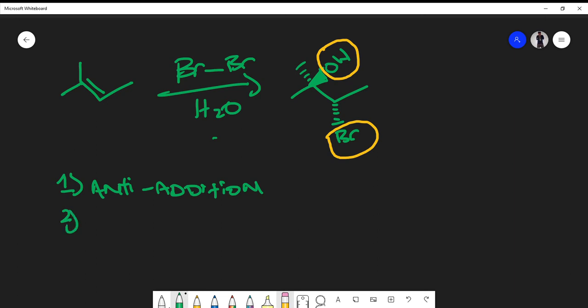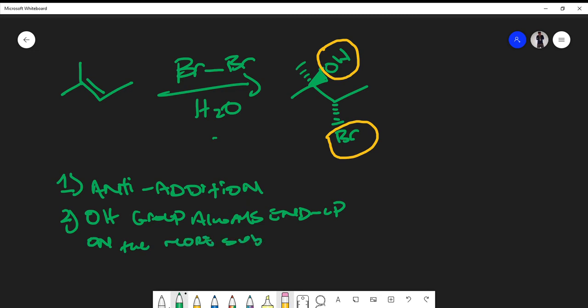So that's what we mean by anti-addition. The second rule that we must remember is that the OH group that we're adding pretty much always ends up on the more substituted carbon. In other words, if we're taking a look at these two carbons, which one is more substituted?